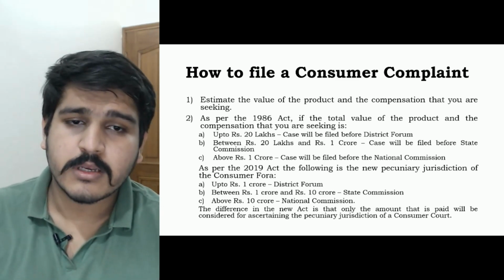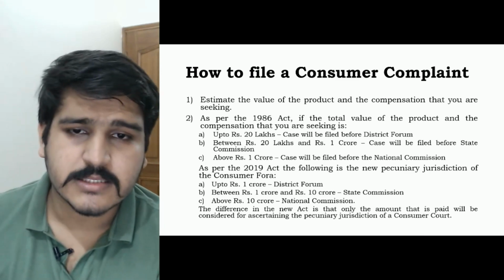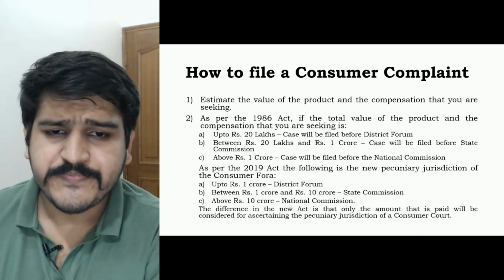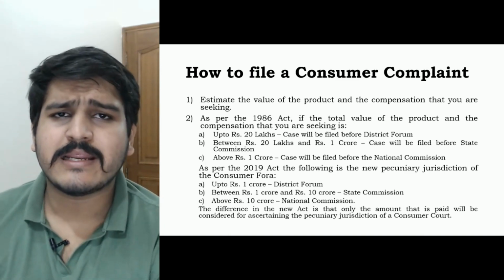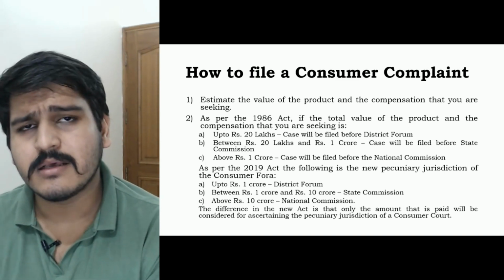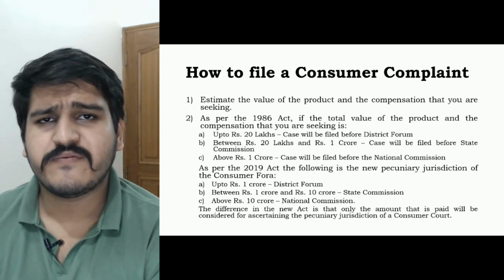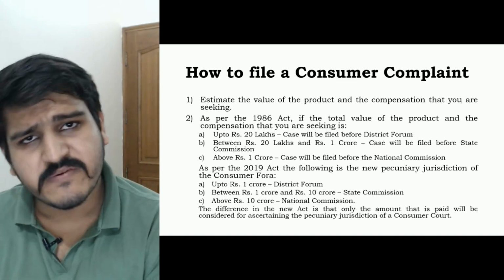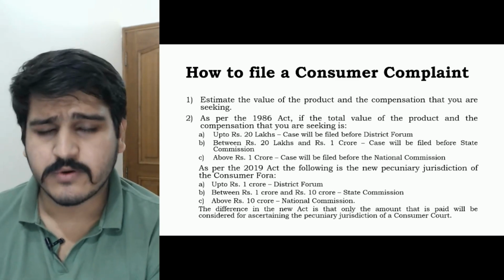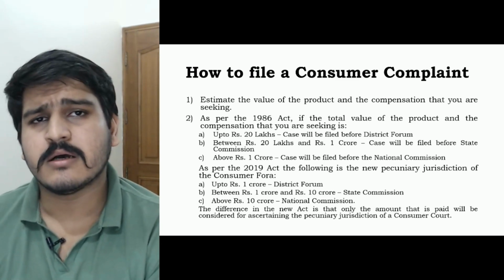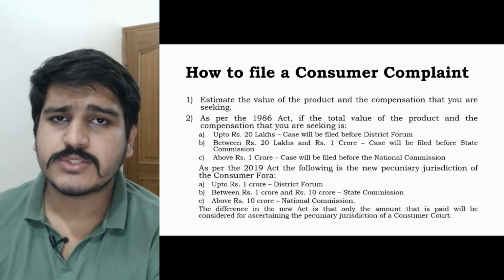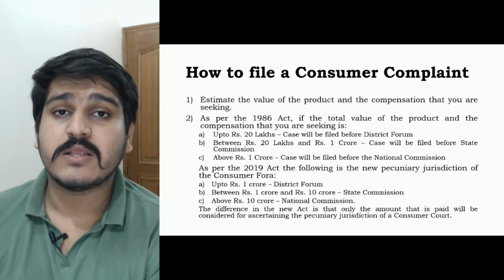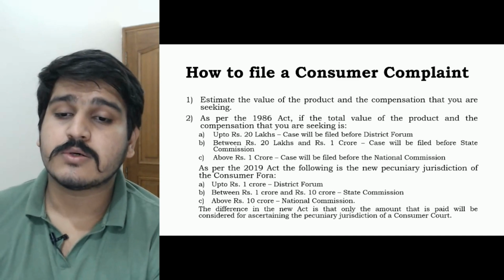Now moving on with step 2, I have already discussed this right now. As per the 2019 Act, which was enacted last year, but as on 24th April 2020 has not been notified and is not enforced, the pecuniary jurisdiction has been changed, and also the way the value of the matter is to be ascertained.